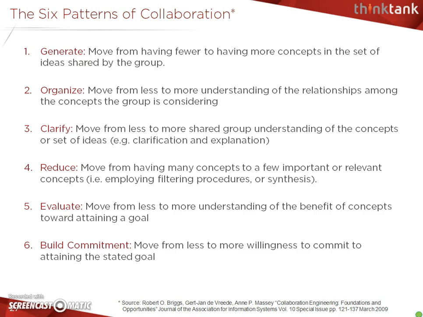Clarifying deals with making sure that we have the same understanding of an idea, a concept, a proposal, or a piece of information. The fourth pattern is called reduce. This is where we look at, let's say, 100 ideas or 100 pieces of information. How do we reduce it to what is the most important for us to use? So that's an exercise of how to reduce the content to what is needed at a certain point in time.